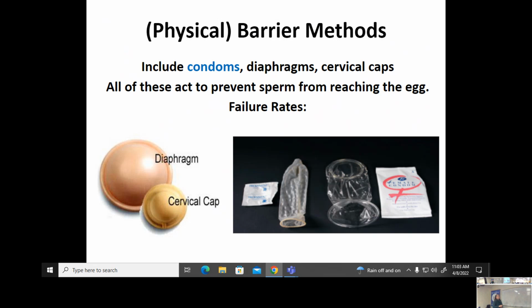And I think that's probably why, if you learned about birth control in public school, they emphasized condoms, because they're also trying to teach you how to not get STDs. So condoms block both pregnancy and STDs pretty well. These other methods are not going to block STDs. In fact, they can make them worse.